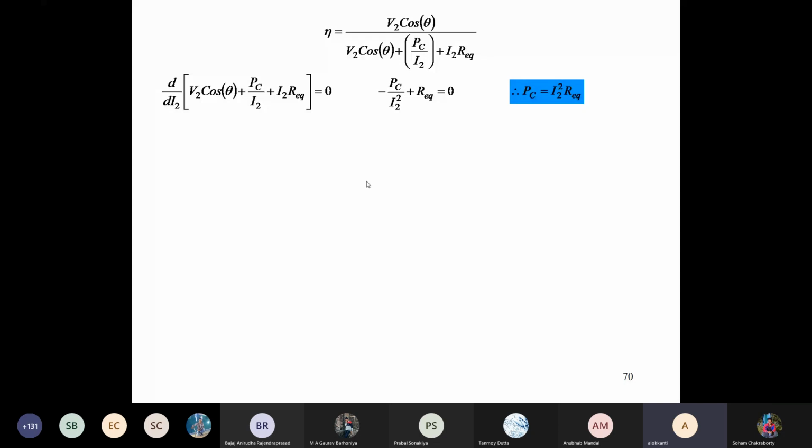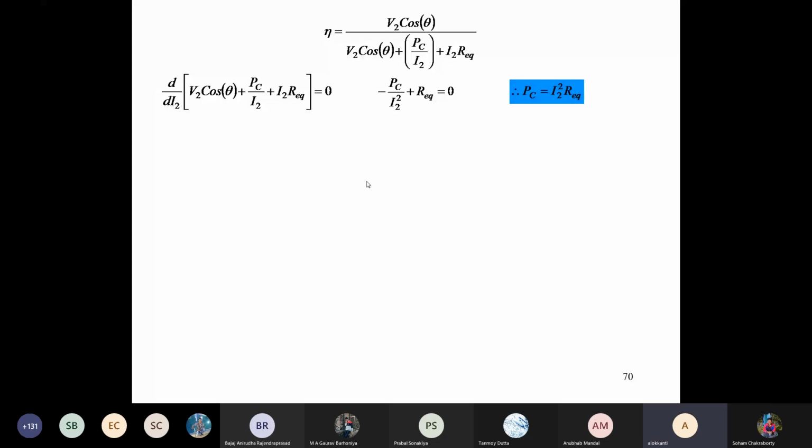For that value of I2, where this is true, for that I2 only the transformer will be at maximum efficiency. For any other I2, it will not be at maximum efficiency. For that I2 where the core loss becomes equal to the copper loss, the efficiency of any transformer is maximum.